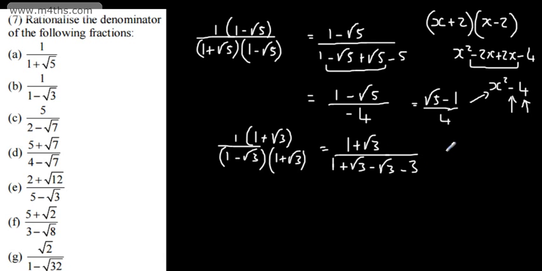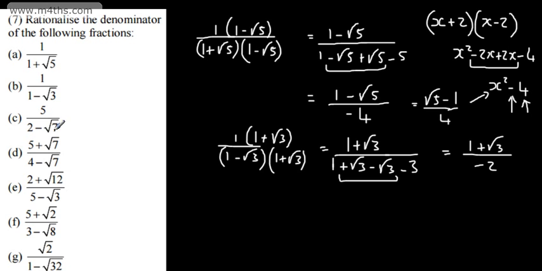Depending on how many marks you're given in the exam, just be aware that you might have to show full workings. So the two surd values disappear. 1 plus the root of 3 over 1 minus 3, which is minus 2. And again, that can be written in many different forms if you wish.